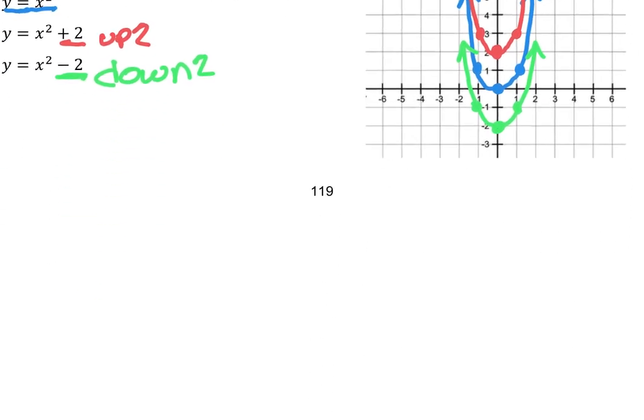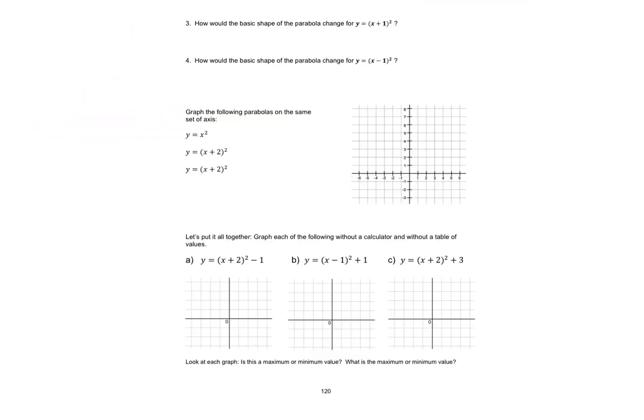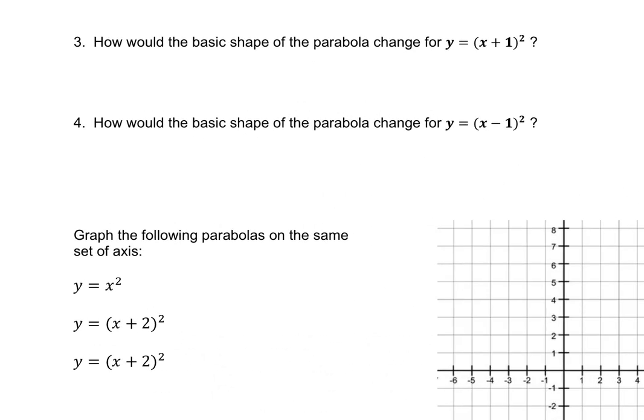Okay, let's go to the next page. Number 3. How would the basic shape of the parabola change for y equals? Now notice, this plus 1 is within the parentheses now. It's not on the outside. Yes, it would be left 1. Yep, some of you remember, right? We will put shift left 1.